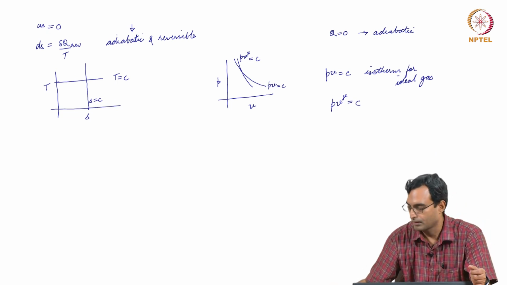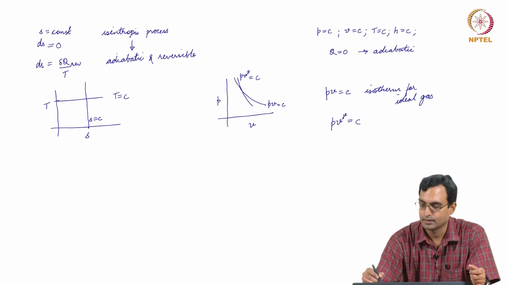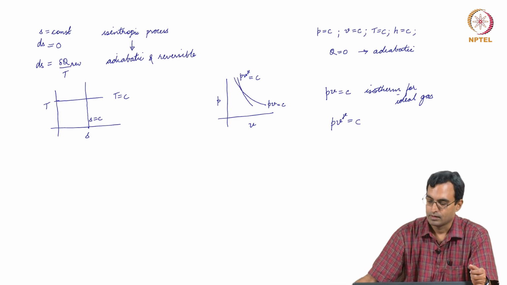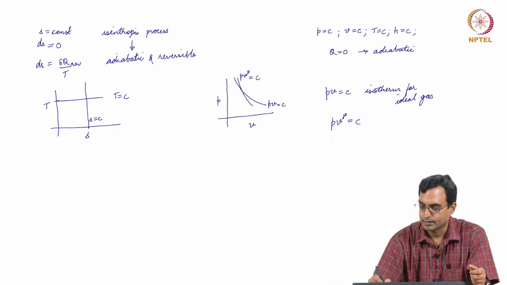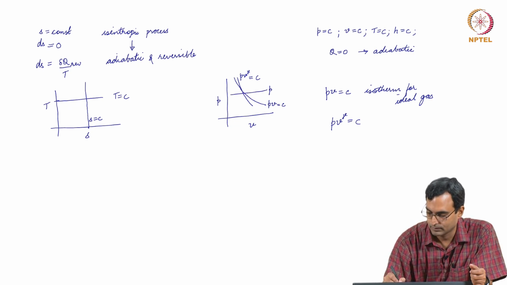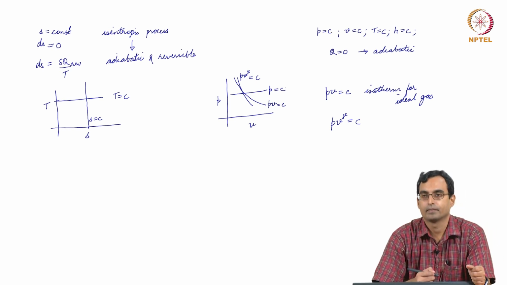We saw some other special curves, for example, P equal to constant, V equal to constant and so on. P equal to constant on a PV diagram, of course, is a horizontal line. So, what does it look like on a TS diagram?